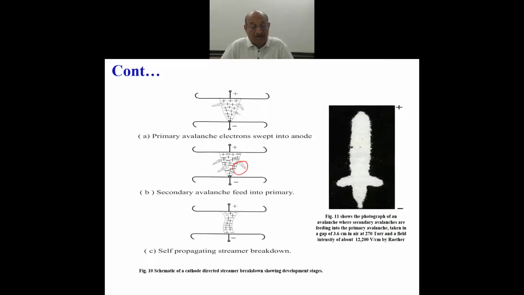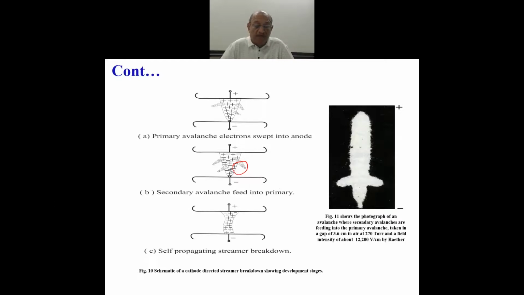What happens? The newer electrons given rise within the gap feed the charged particles to the primary avalanche. Why? The charged particles always acquire the least resistance path, and an avalanche is conducting, so the rest is not a very healthy part of the dielectric, that is air. So the newly developed charged particles start feeding into the primary avalanche, which they find the lower resistance path.